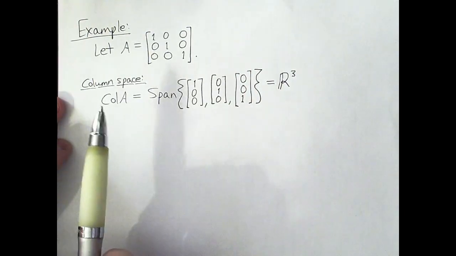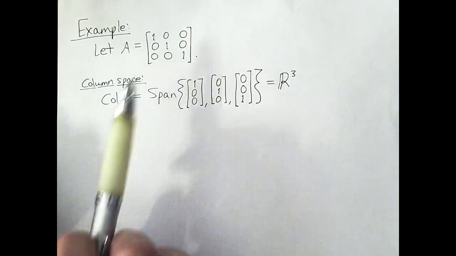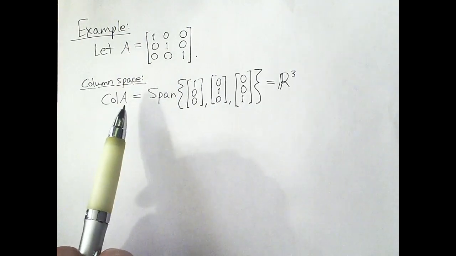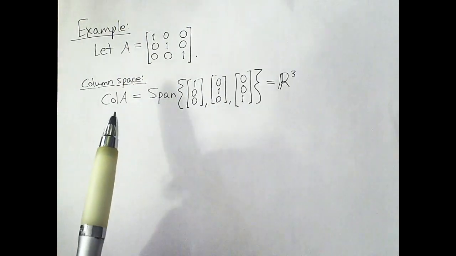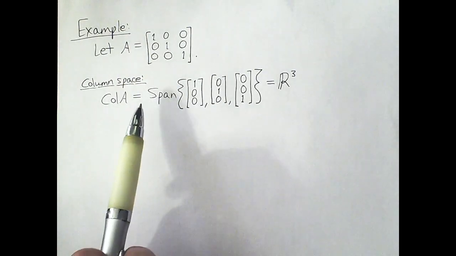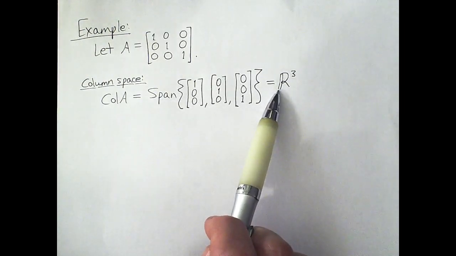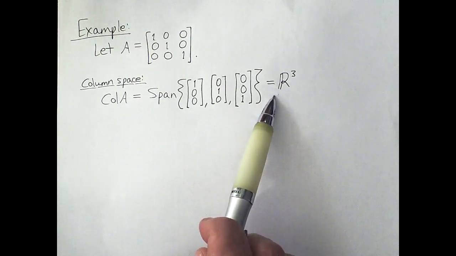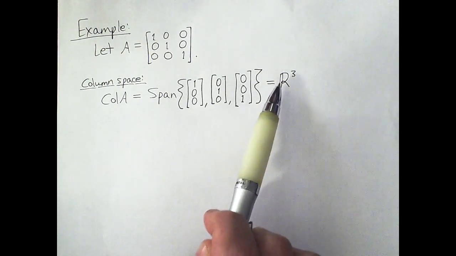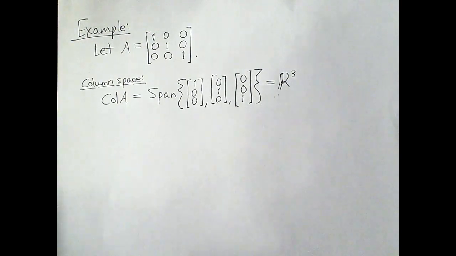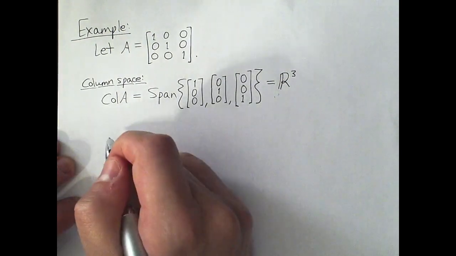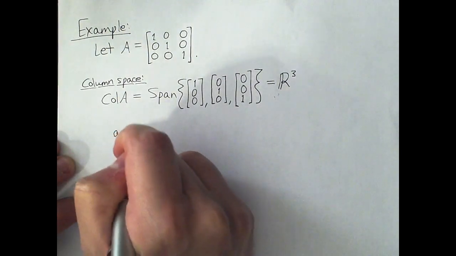So I expect the column space of A to be a subspace of R3, but in this case, it's actually all of R3, which is kind of the biggest subspace of R3 that you could get. R3 is a subspace of R3. And let's talk about rank.